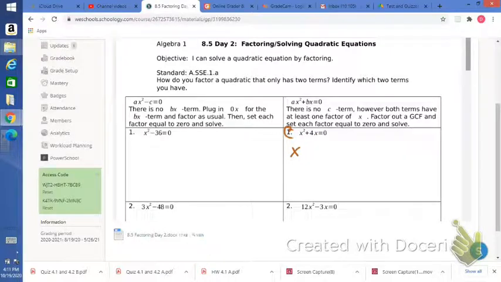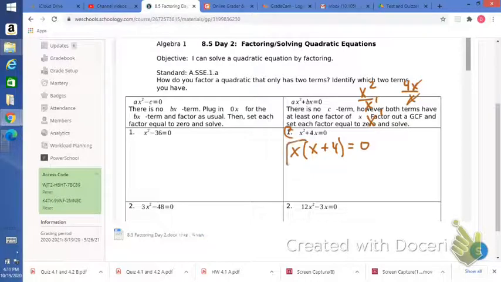Okay, and then I have to divide each of those terms. So I have x squared over x and 4x over x. You got to divide each of the terms, x squared and 4x, by your greatest common factor, which is x. So x squared divided by x, that's going to be x to the first. Remember, it's 2 minus 1. 2 minus 1 will be 1. So x to the first is x. And then 4x divided by x, those x cancel, and we're left with 4.